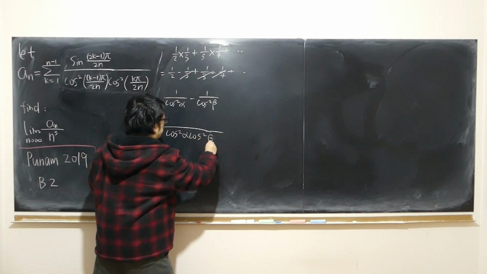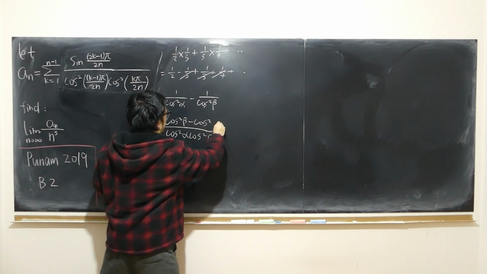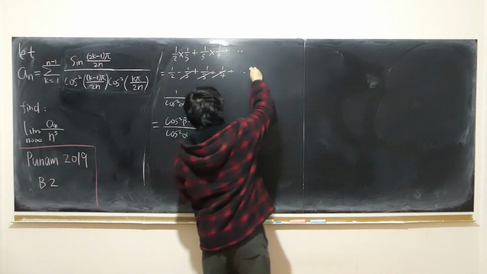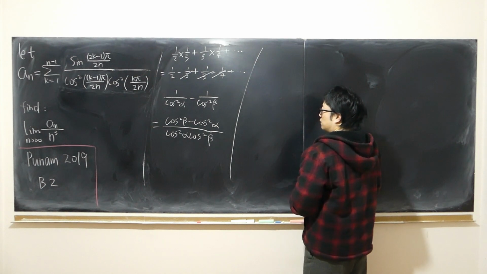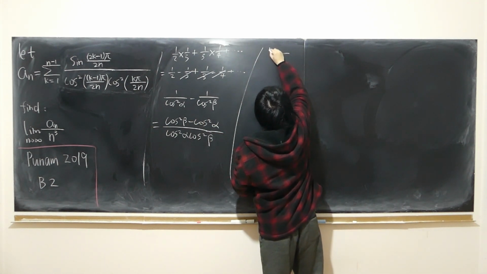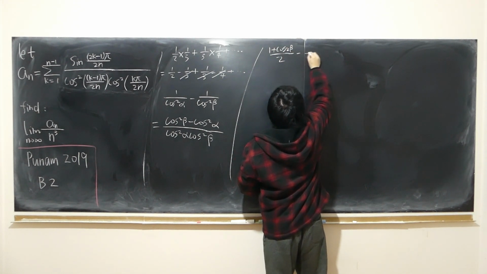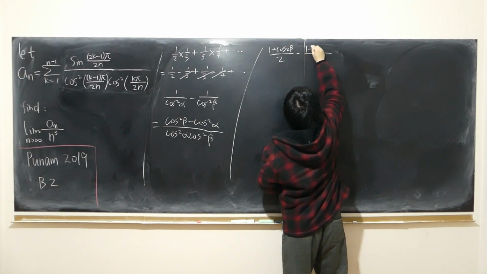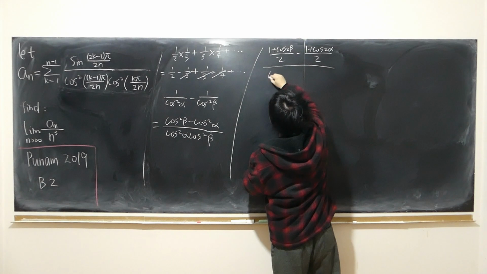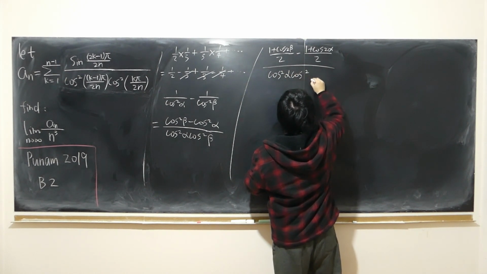Cosine square beta minus cosine square alpha. So up to this step, we're going to apply the double angle formula. Turn this cosine square into half of 1 plus cosine 2 times beta. Likewise, minus half of 1 plus cosine 2 times alpha, all over cosine square alpha, cosine square beta.